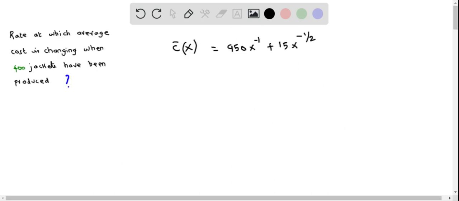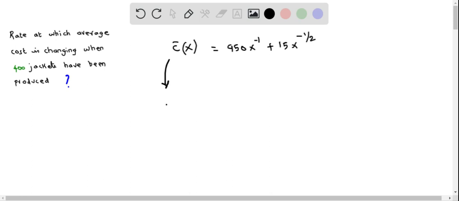Okay, now that we have determined the average cost function, that equals 950 x raised to the power of negative 1 plus 15 x raised to the power of negative half. To find the rate at which the average cost is changing, we have to find the derivative of this C bar of x. So let's find the derivative with respect to x on both sides.